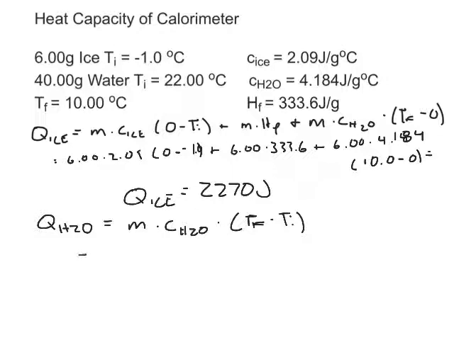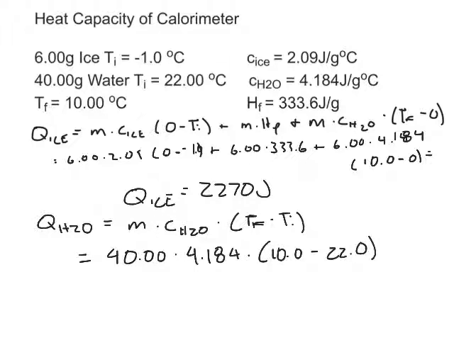So let's plug numbers in for that. 40.00 times 4.184 times 10.0 minus 22.0. And so that gives me -210 joules. And it is negative because this is heat that was lost by the water. The water was warm and it gave its heat to the ice.